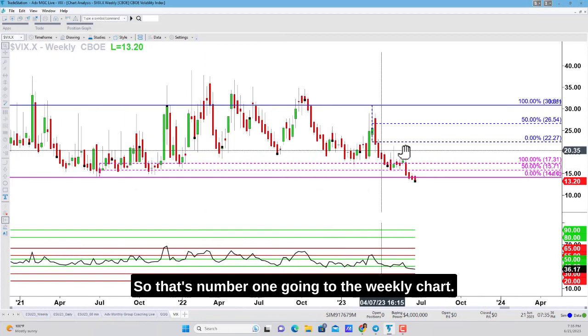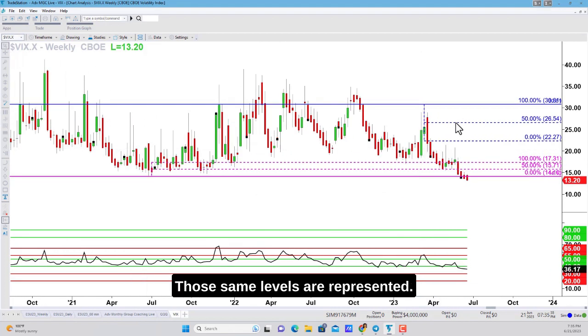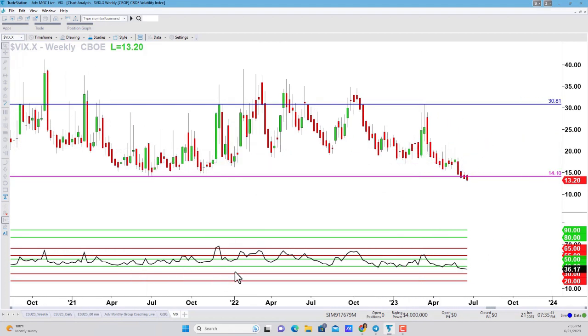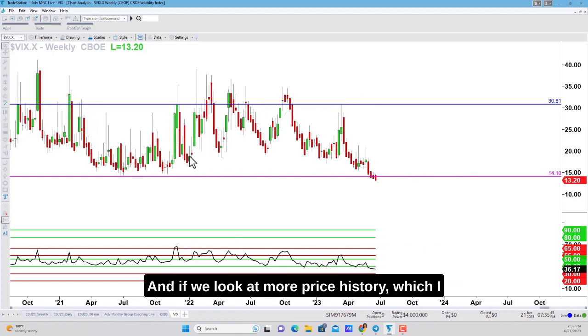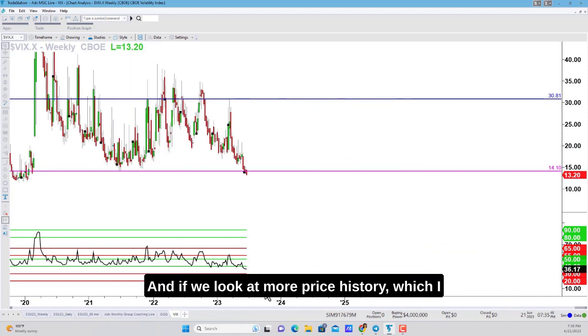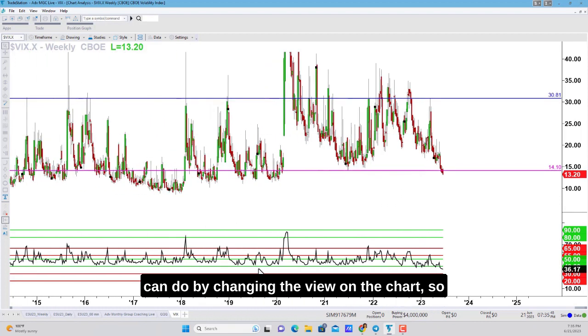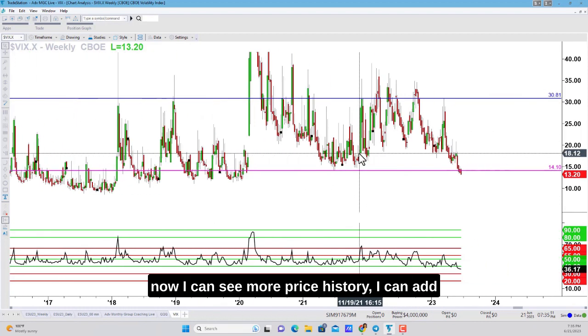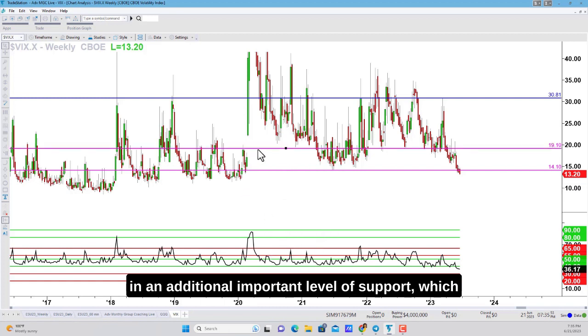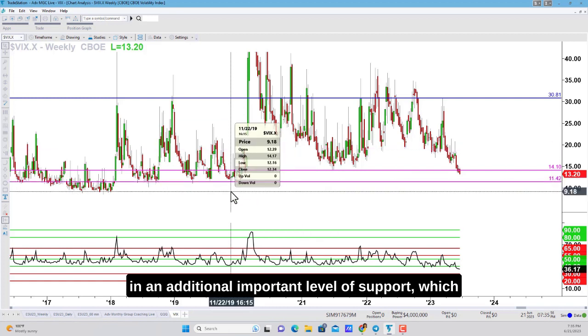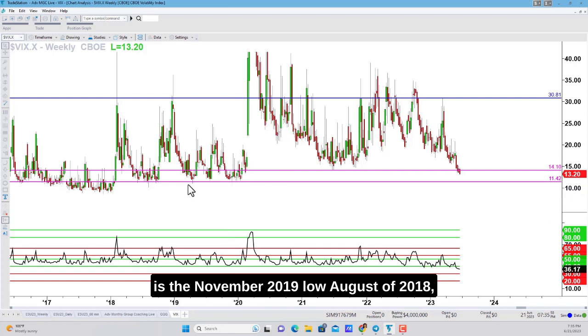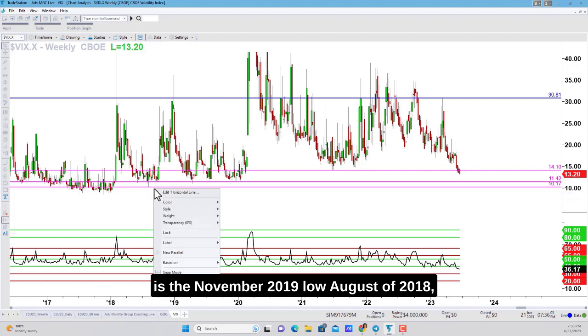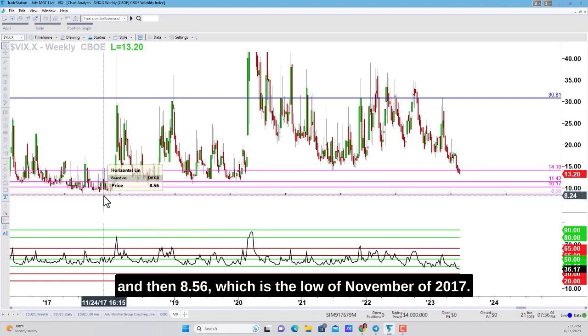Going to the weekly chart, those same levels are represented. And if we look at more price history, which I can do by changing the view on the chart, so now I can see more price history, I can add in an additional important level of support, which is the November 2019 low, August of 2018, and then 8.56, which is the low of November of 2017.